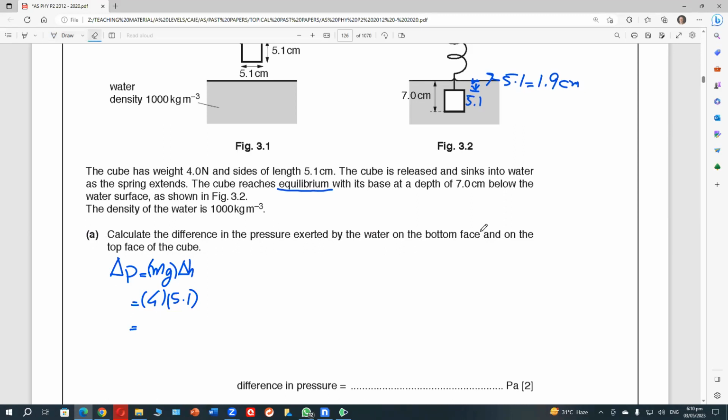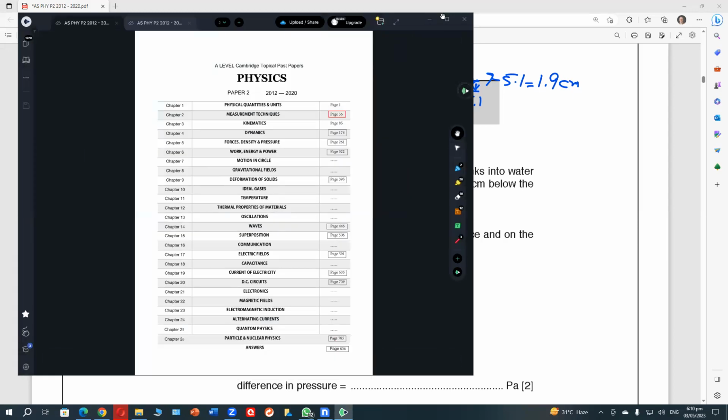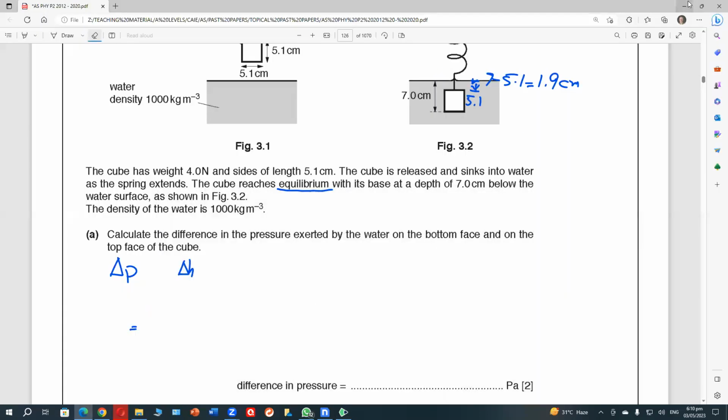I didn't see that. Yes, this is the calculation.